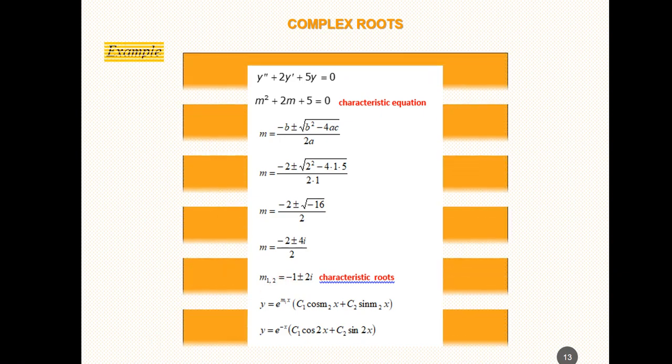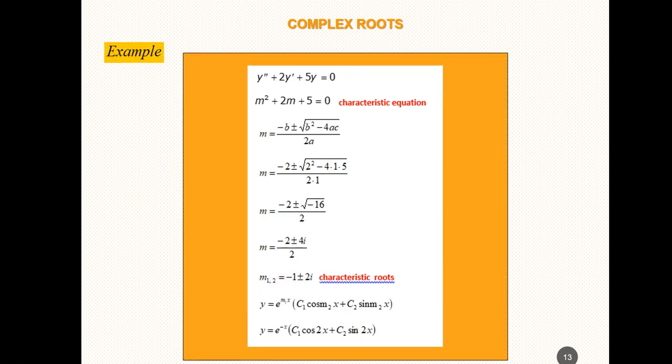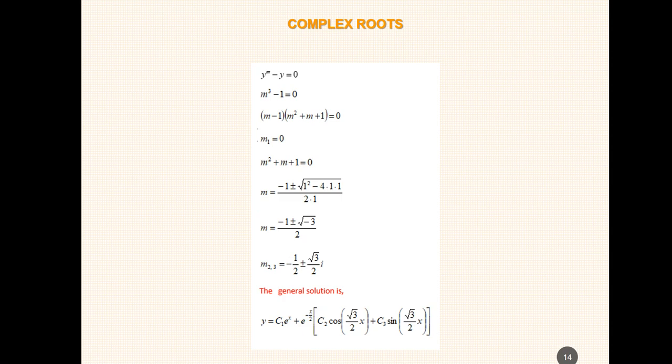Okay? Now, we have another example of a complex root, this one. So this time, a third degree polynomial for your characteristic equation, resulting to this. By the way, this is 1, class. This is not negative 1. So this is 1.